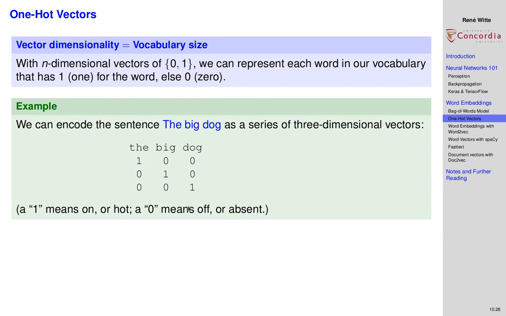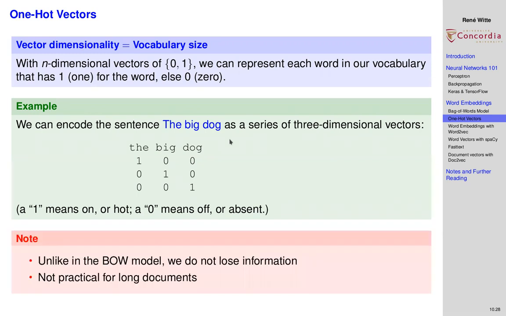It's called one-hot vector because 1 is hot, and it's only hot for 1 value in the whole vector. So now we can encode the exact order of these 3 words. So it's this vector and this vector and this vector. So we don't lose information because we explicitly encode the position of the word in a longer document.